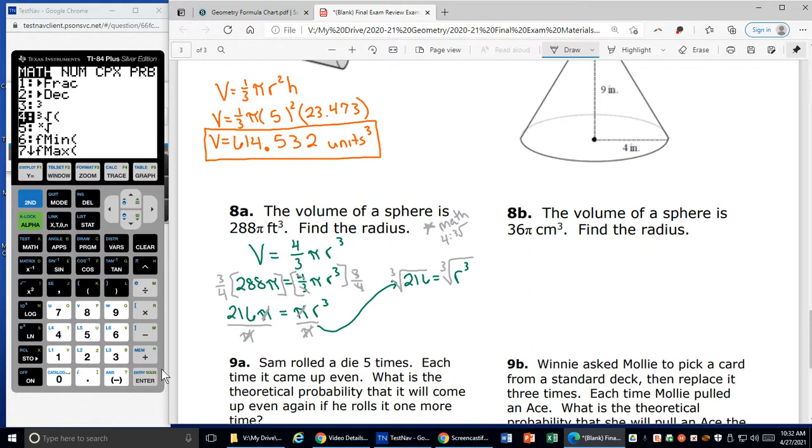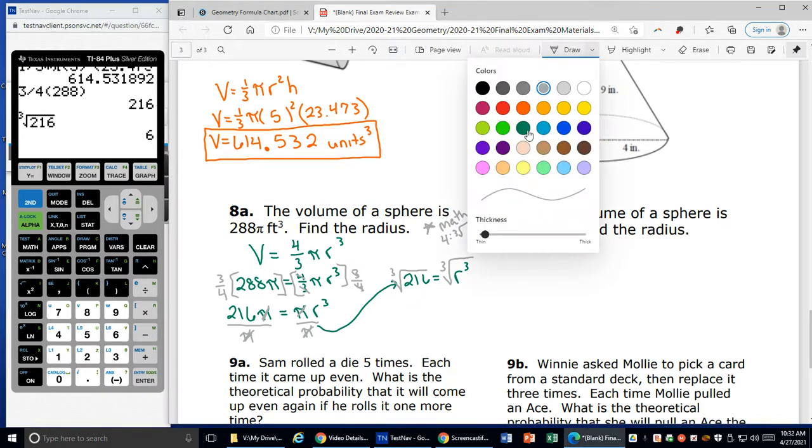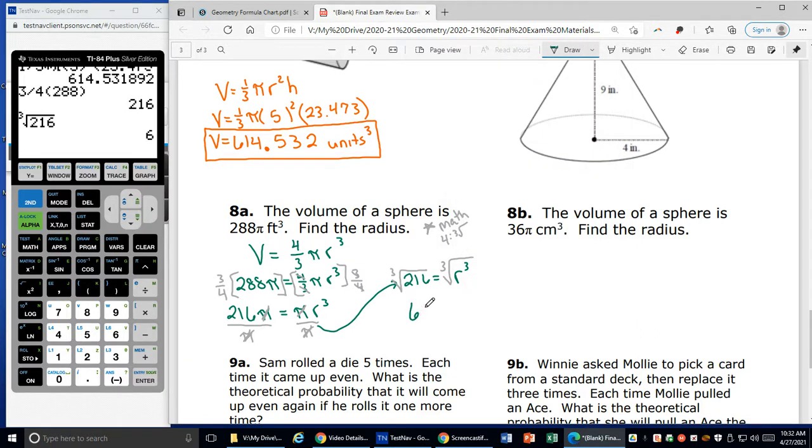Okay, and I'm going to select that one, and it gives me my cube root symbol, and I'm trying to find the cube root of 216, which is 6. So my radius is 6. And my units here are feet, so my radius is 6 feet long of that sphere. It's a pretty big sphere.